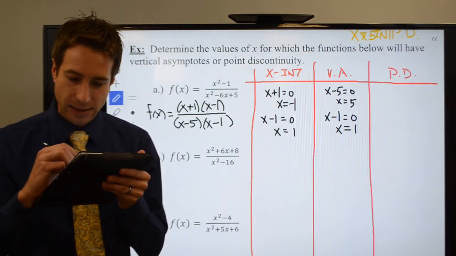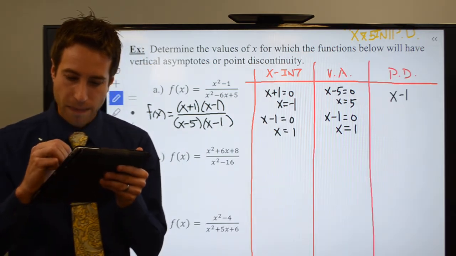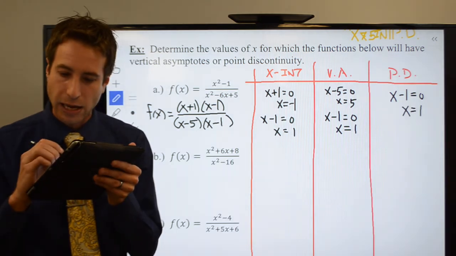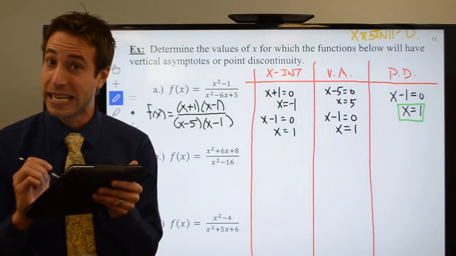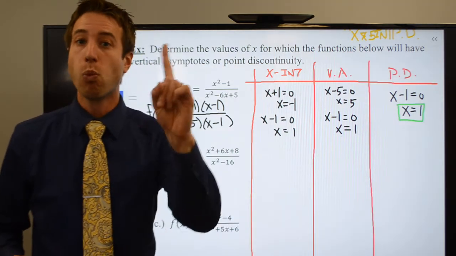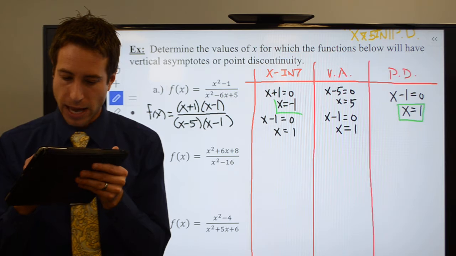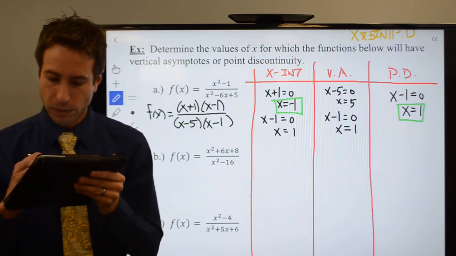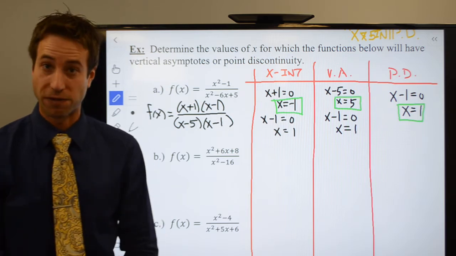So that means x minus 1 equals 0, x equals 1, is actually point discontinuity because it showed up in both of these, and I actually only have one x-intercept, x equals negative 1, and only one vertical asymptote at x equals 5.